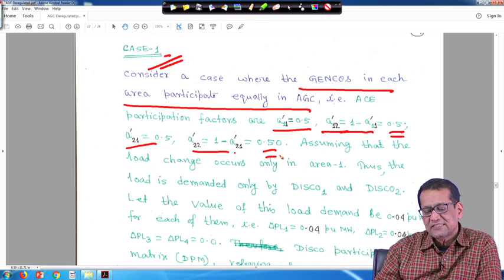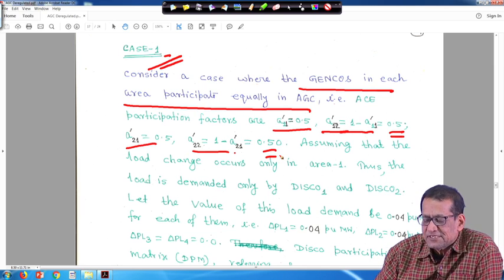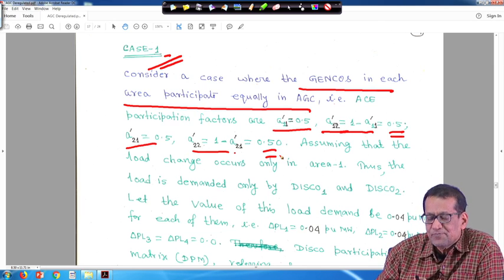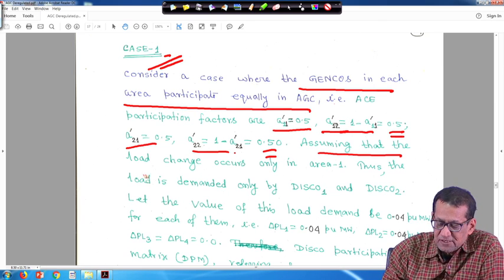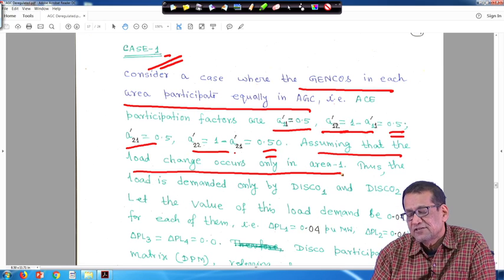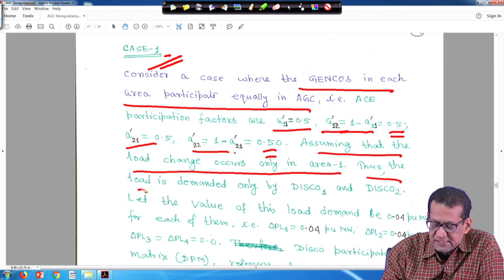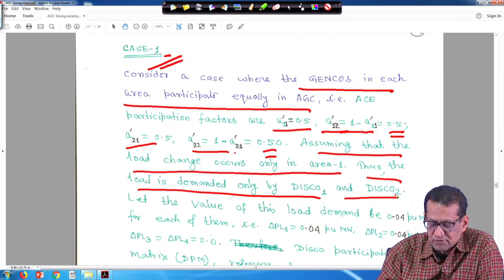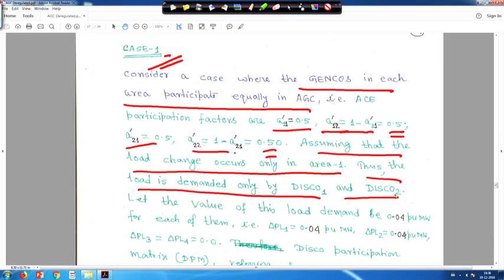So, they participate equally in AGC, that is why 0.5, 0.5, 0.5, 0.5. Assuming that the load change occurs only in area 1, the load is demanded only by disco 1 and disco 2. So, if load change occurs only in area 1, it means in area 1 you have 2 distribution companies.